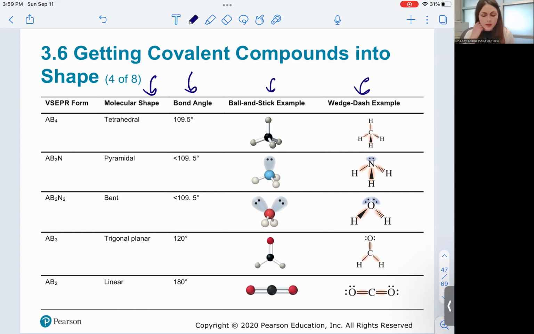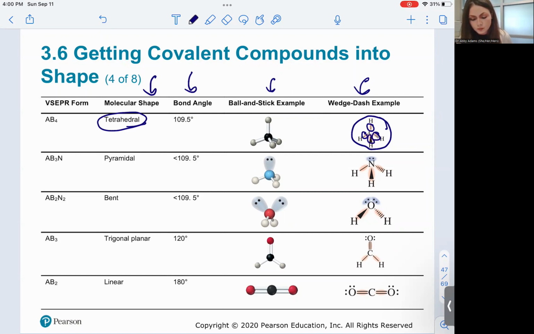So if you have methane, you're going to have a tetrahedral shape, because you have 4 areas, 1, 2, 3, 4, 4 areas of electron density.